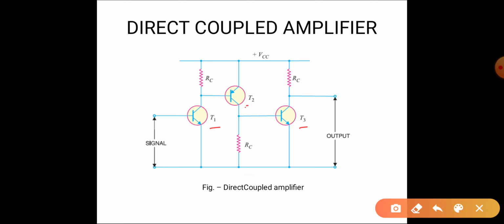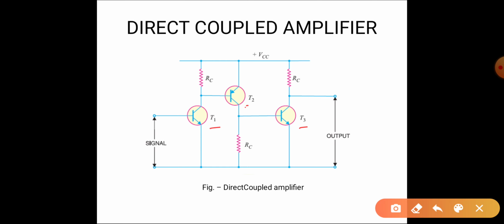First we'll see why direct coupled amplifier is necessary. In the last two types of multi-stage amplifiers, that is RC coupled amplifier and transformer coupled amplifier, we have seen their frequency response, and it is very clear that both types of amplifier did not amplify low frequency signals.